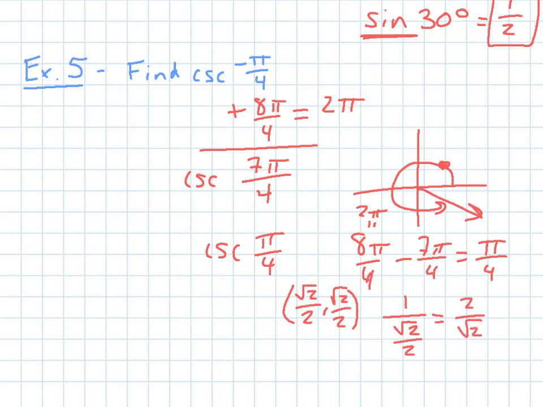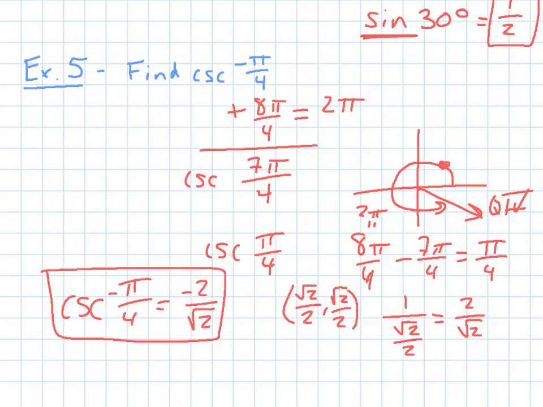And now because you're in the fourth quadrant, that means that sine is negative in that area. So then my final answer should be a negative 2 over square root of 2, because sine and cosecant are negative in that area.